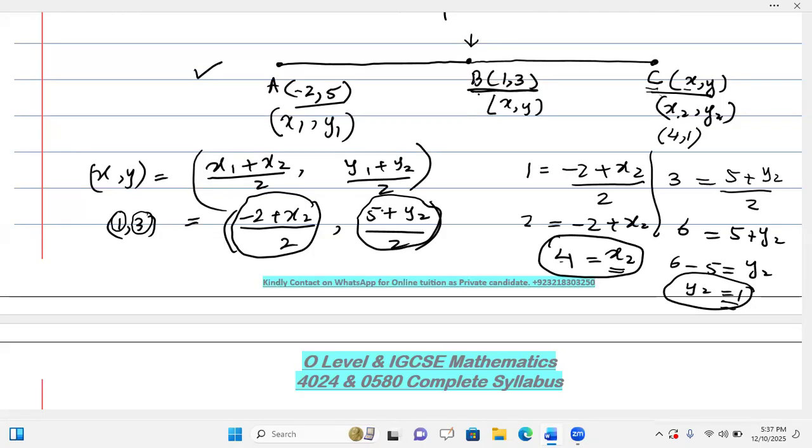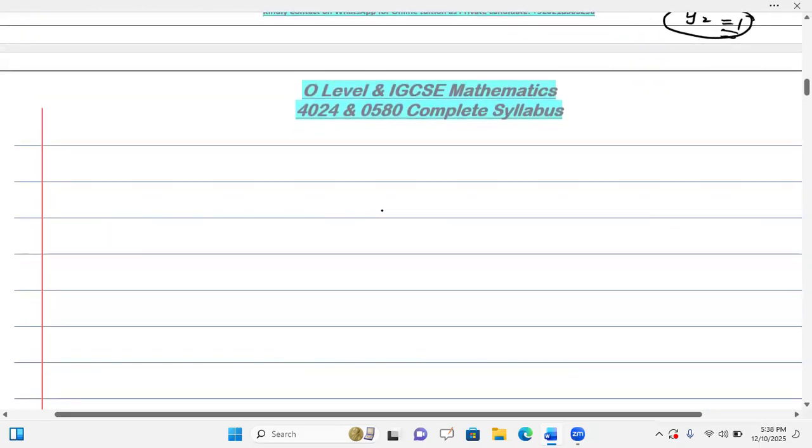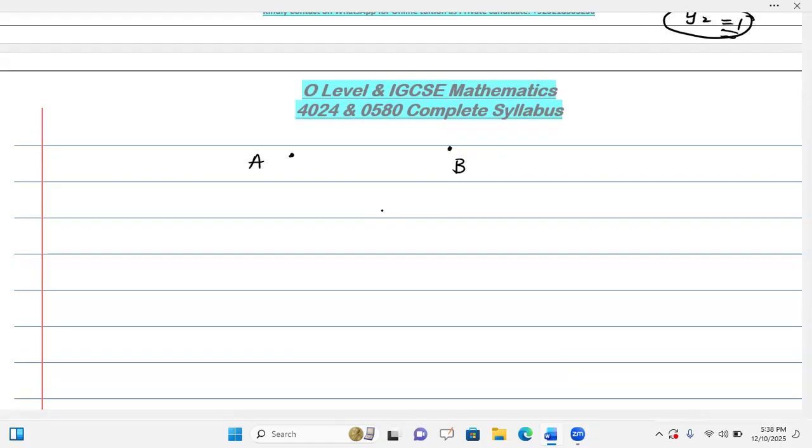After that, he is saying find the length of AB in square root format. Length of AB: -2, 5 and 1, 3 we are again taking. A was the coordinate (-2, 5), and B has the vertices 1 comma 3.